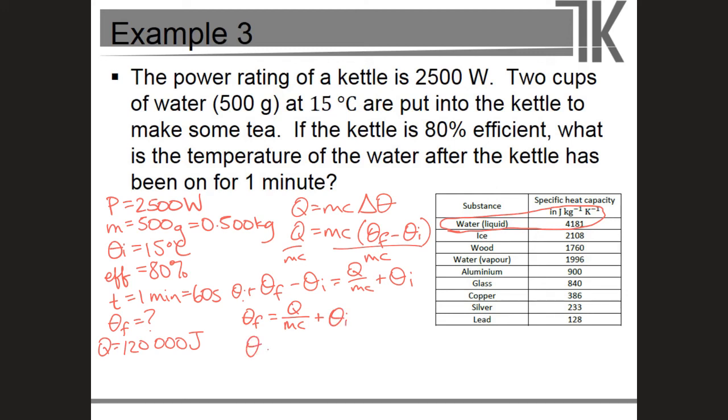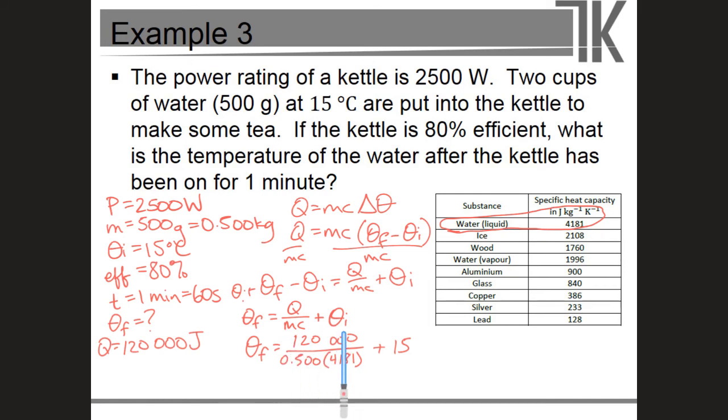Plugging in our knowns, we've got 120,000 over a mass of 0.500 times the specific heat capacity of water, 4181, plus our initial temperature of 15 degrees Celsius. Now, if you did convert this into kilojoules, just be careful that you also convert this into kilojoules.